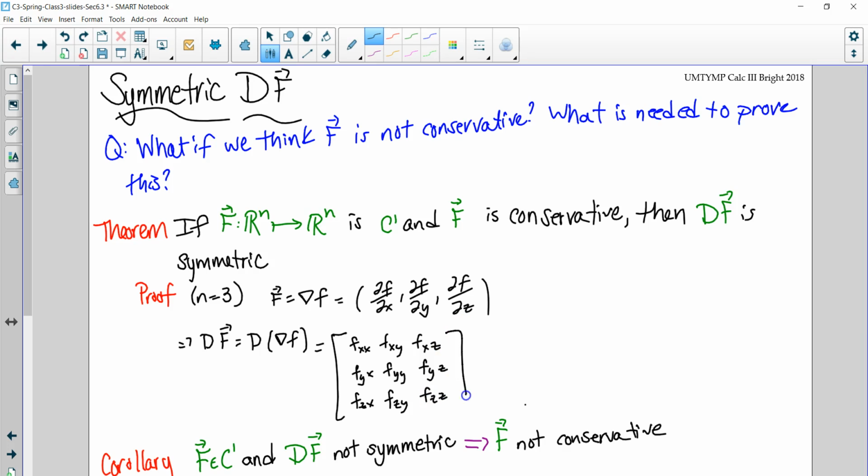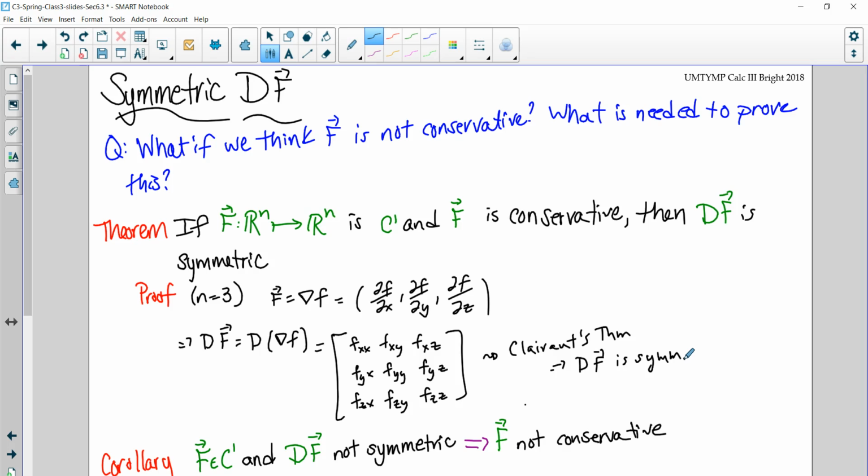These are second order partial derivatives, which means by Clairaut's theorem, you might have to look that up if that doesn't surface to the top of your brain right away, but we did discuss it last semester, by Clairaut's theorem, that gives us that Df is symmetric. So that's kind of a nice thing.